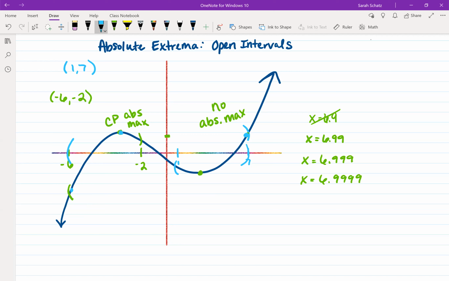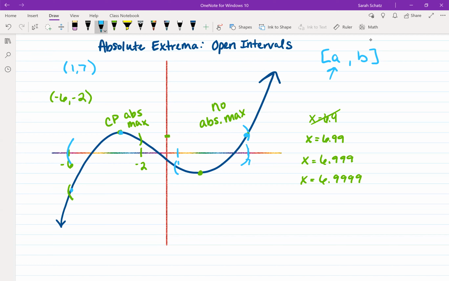But notice in both intervals, the only extrema, so the only max or min that I found in each of the intervals, was at a critical point. So the endpoints are off limits now. Remember when we had a closed interval, and just like a little review, we went from A to B. We wanted to know about absolute max and min.